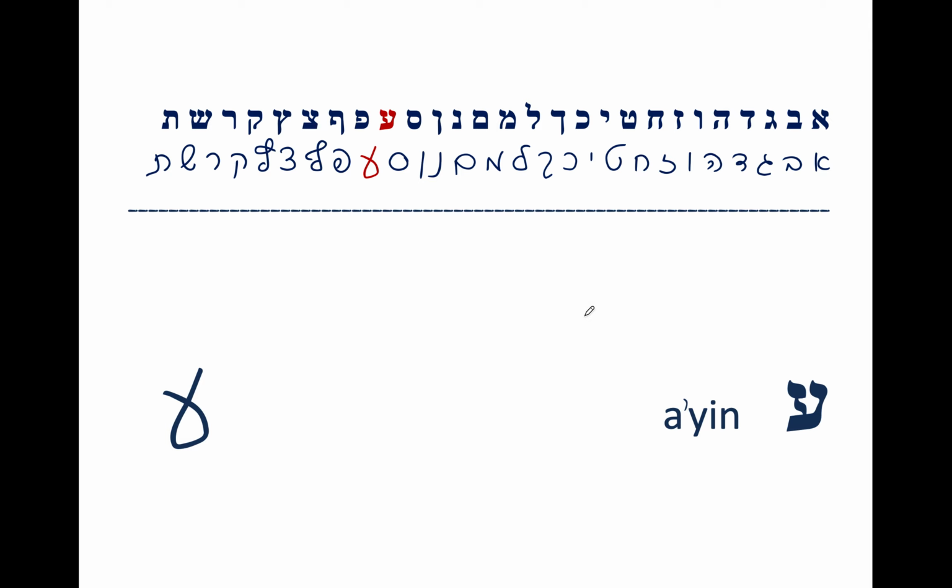The way you write ein is you start from the top right and you do this. And this is ein. Again, start from the top right. I call ein the diving fish, and the reason I call it diving fish, if you put a mouth, and this is the water because it's diving in the water. So this is the letter ein.